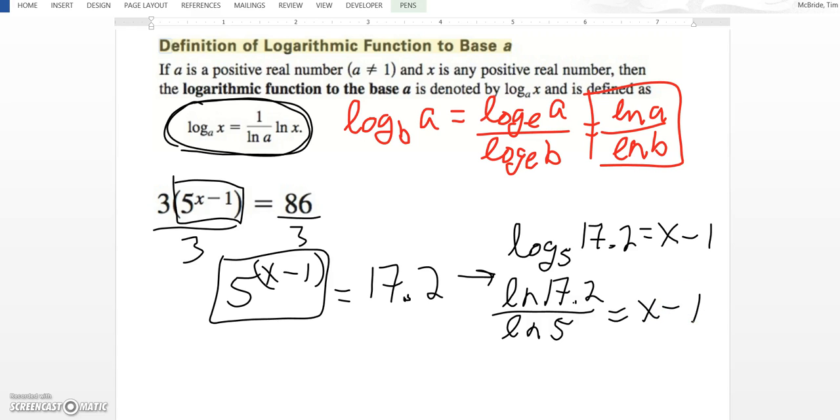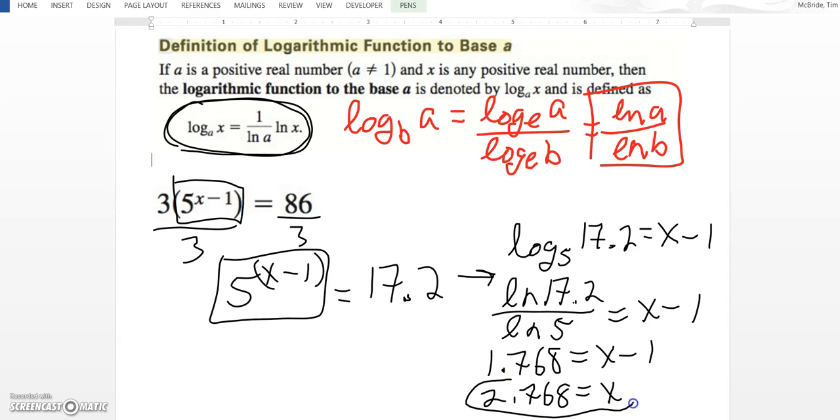And then now we can plug this into the calculator, and when we plug that into the calculator it will be 1.768, and then add 1 to both sides. And that's our x.